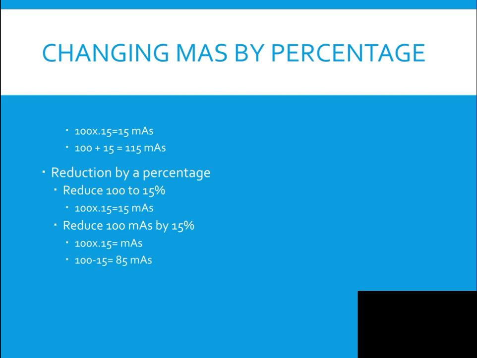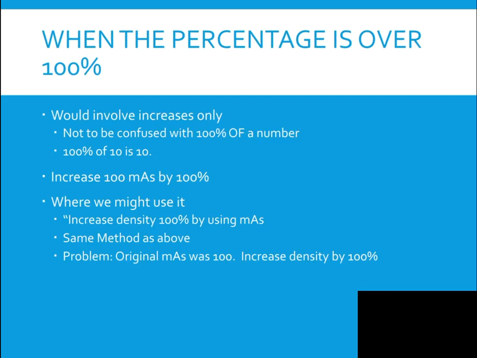So anytime that the percentage is over 100%, then again, it's going to be in addition to the original. Certain things are always going to be over 100%, and those things would be like your magnification factor. You're never going to have a magnification factor that's less than 1, and that is because your image size is always going to be larger than your object size.